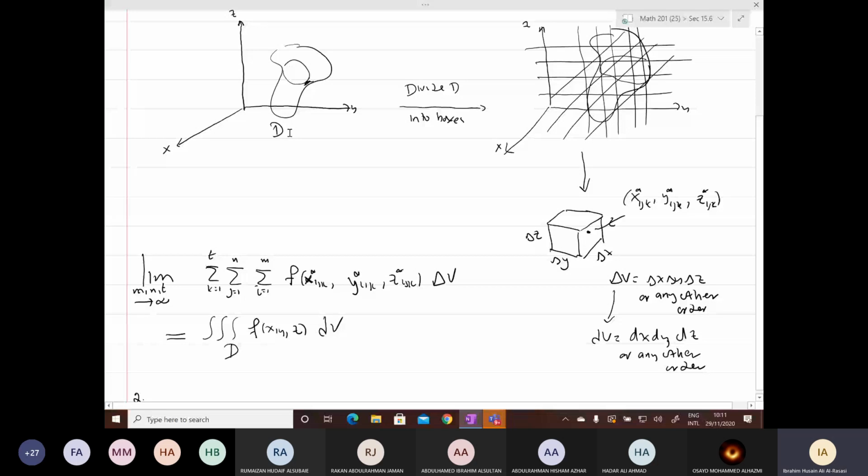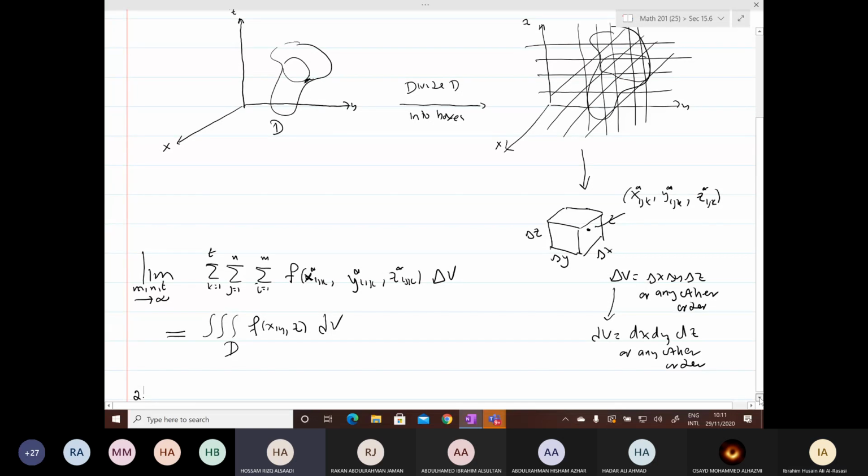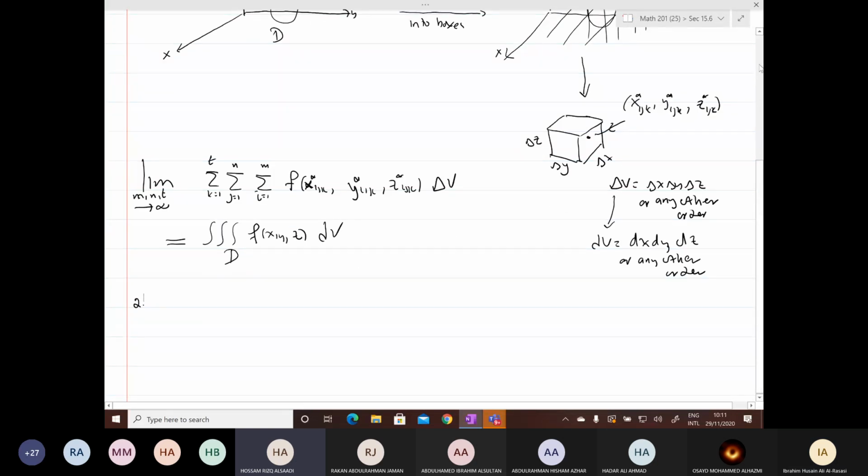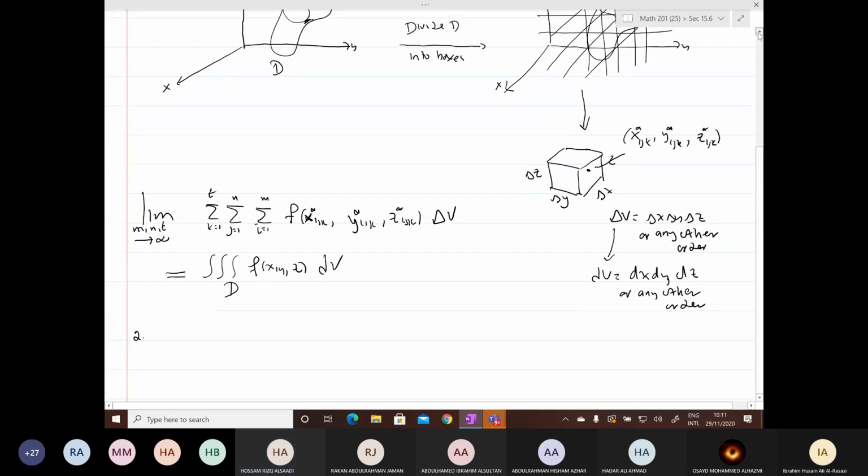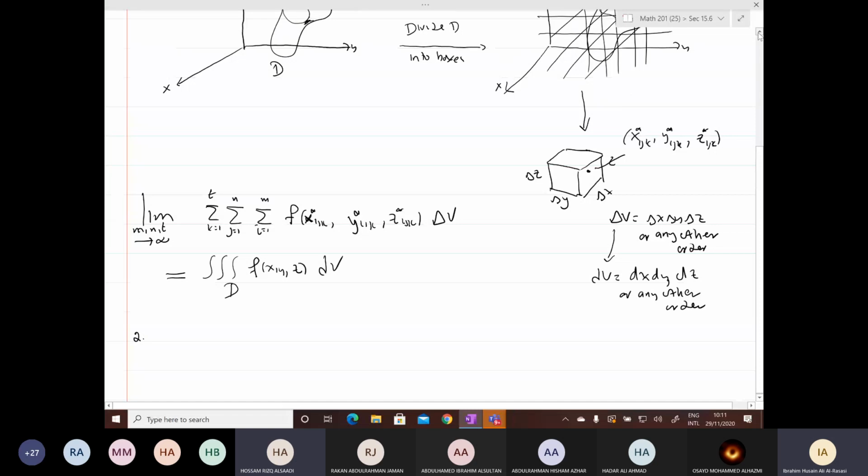Doctor, is it okay if we start with dx dy dz, for example? Here you wait for a while. Let's go step by step. We'll come to the sequence. Just follow me step by step, as I said in the beginning. I claim that all of this is a generalization of double integrals.